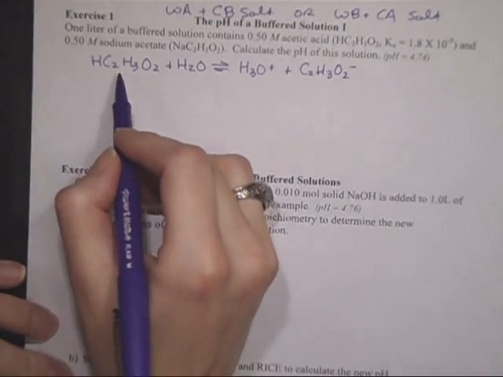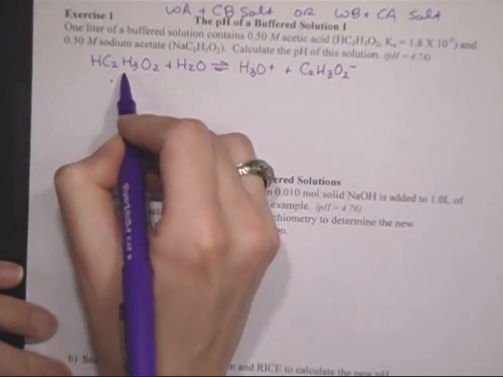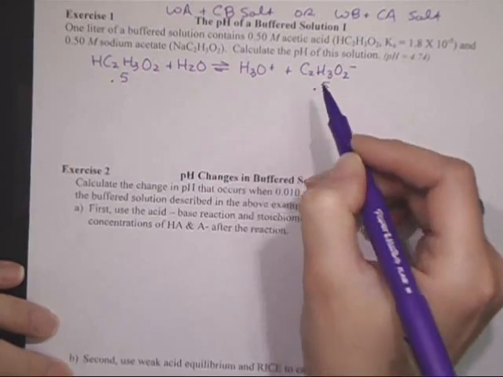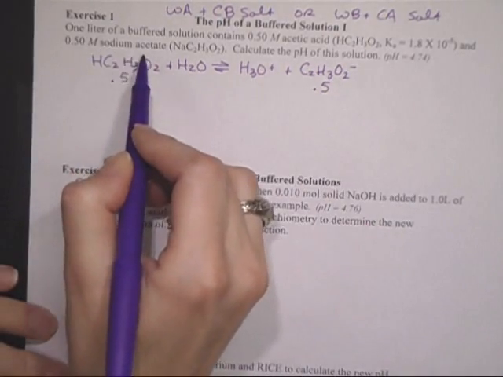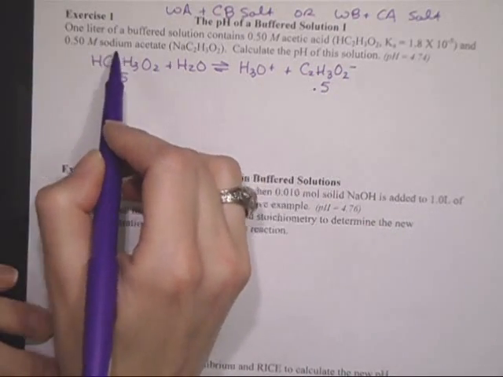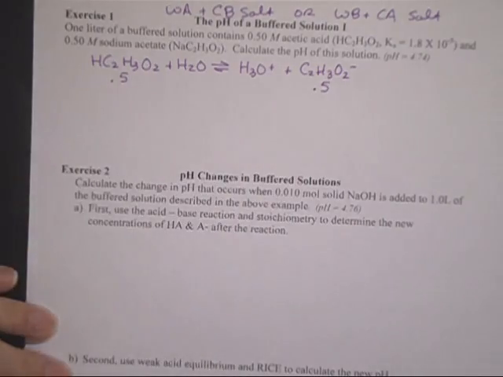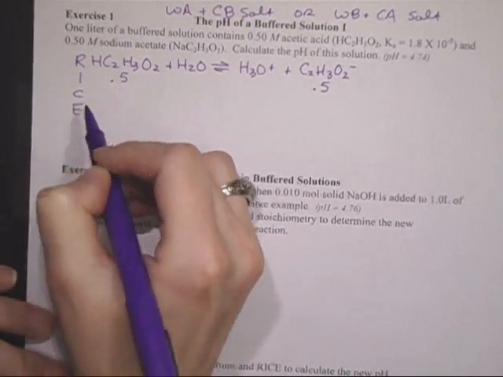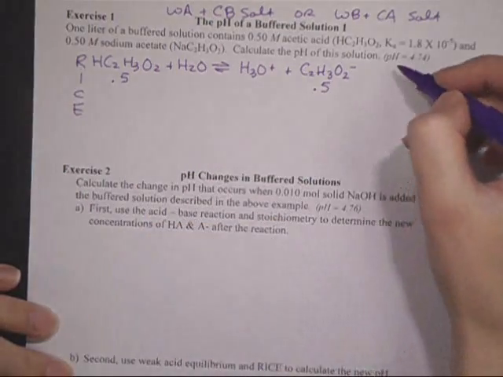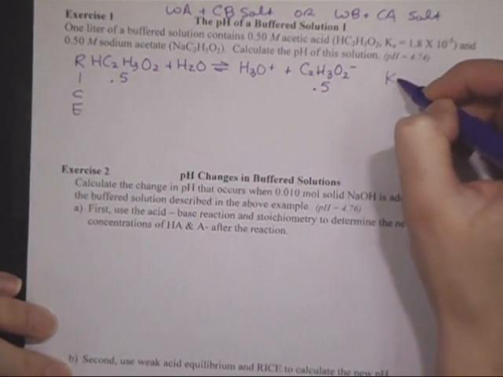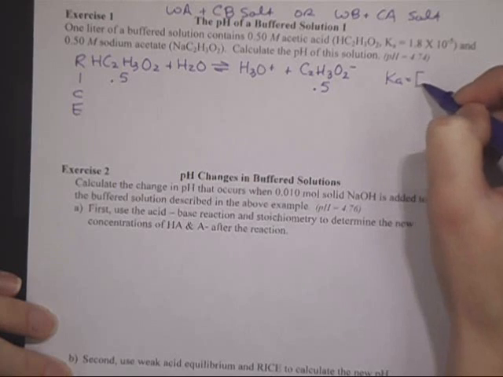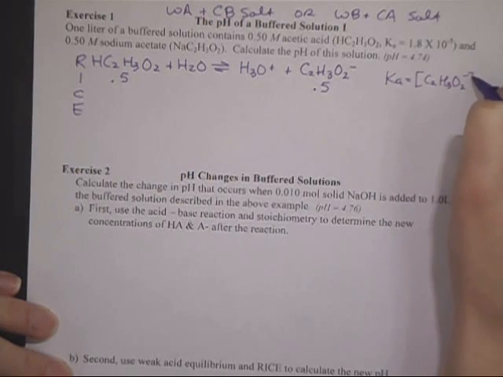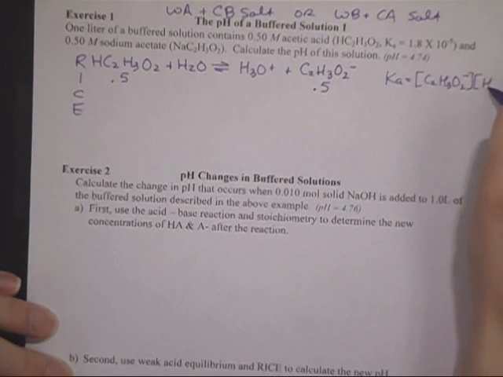So we have some of our acetic acid, 0.5 molar here, and some of our sodium acetate. Since sodium acetate is a very soluble salt, the sodium is going to be acting as a spectator ion, and will no longer be part of our original reaction. I'm also going to go ahead and set up my Ka expression because it's just good practice to do so. At this point you might not need it, but it never hurts.